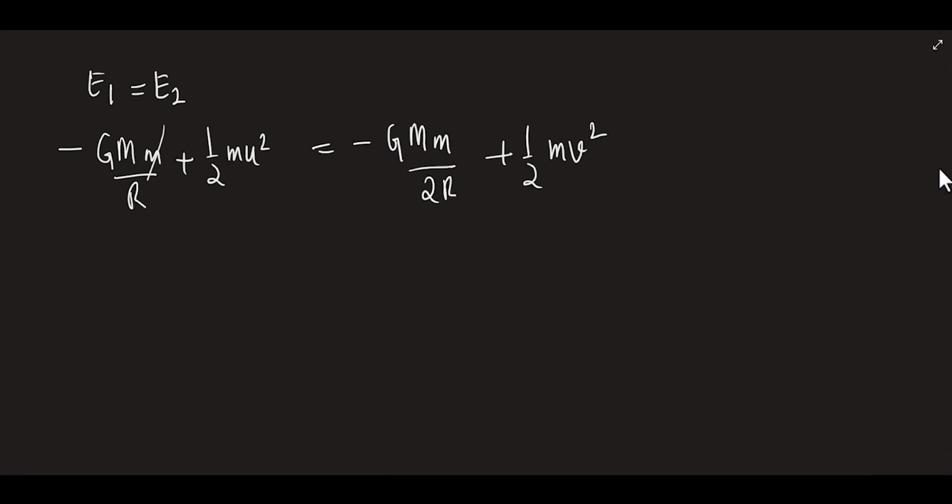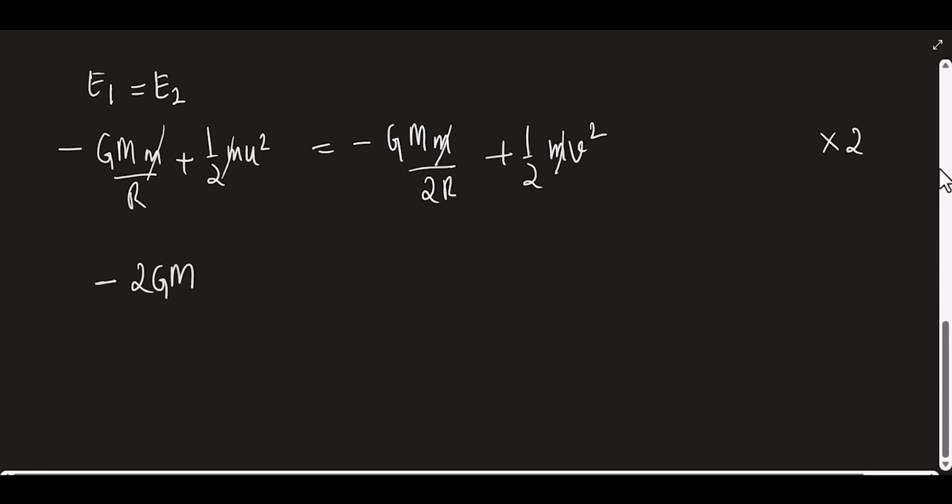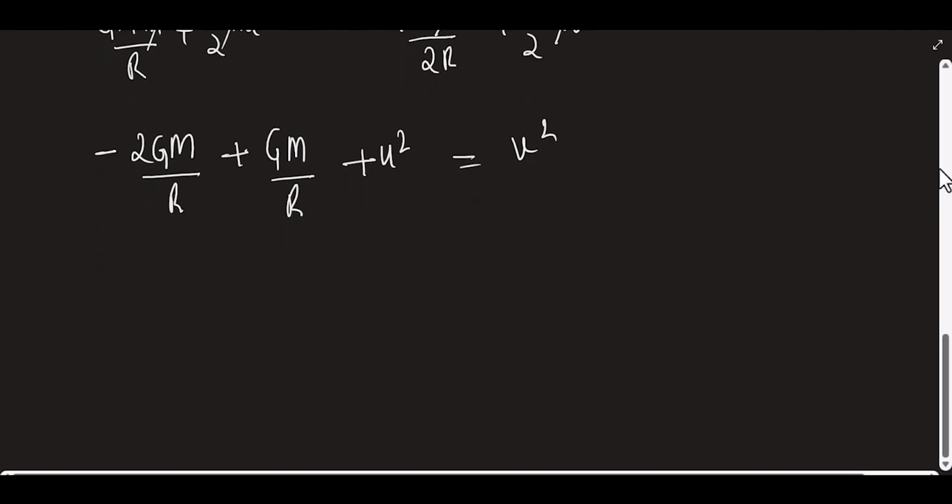First of all, the small m, the mass of the satellite, cancels. Then we multiply the whole with 2. So minus 2GM by r, and multiplying by 2, plus GM by r plus u square, and that's our v square.